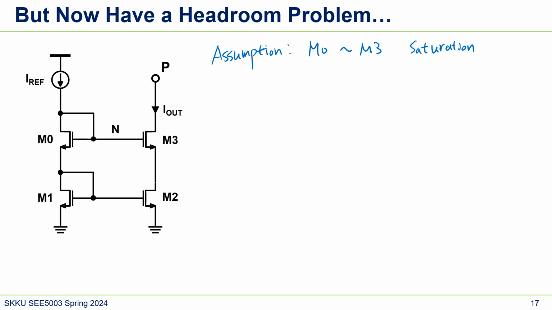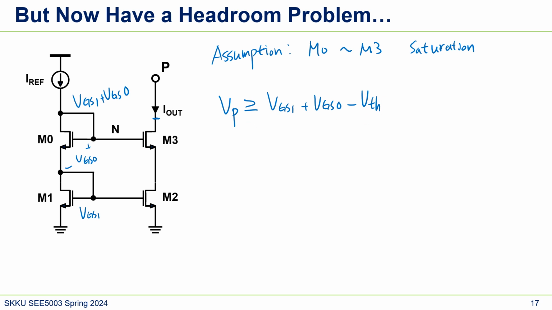To do that, let's say this is VGS1, and here is VGS1 plus VGS0. So this voltage, VP, has to be larger than VGS1 plus VGS0 minus VTH3. This is our condition.